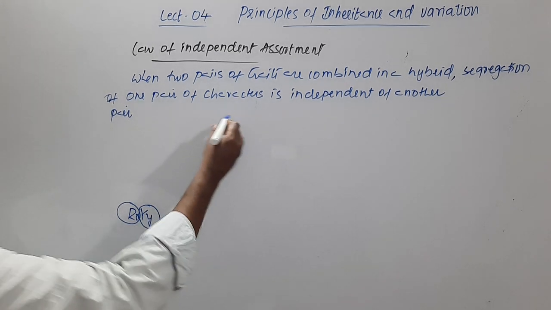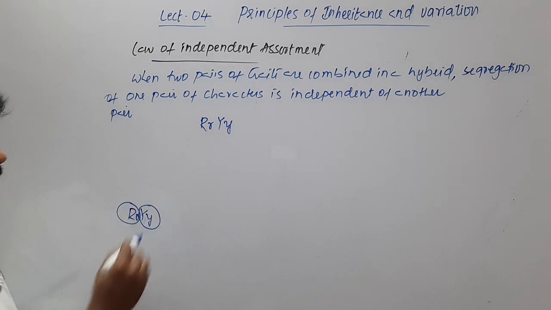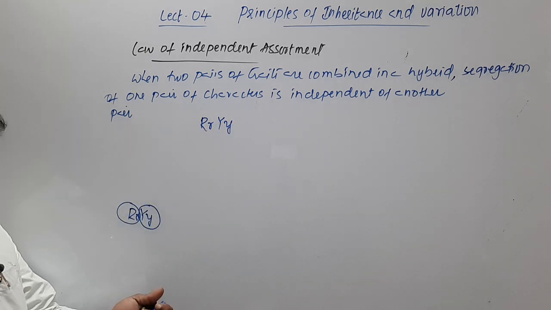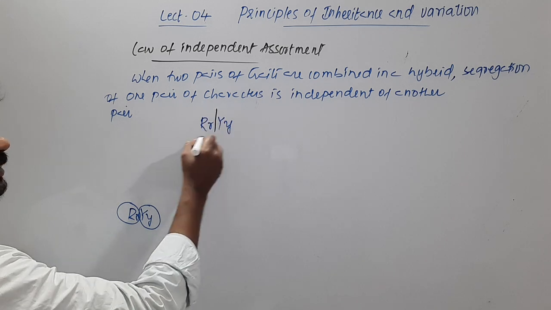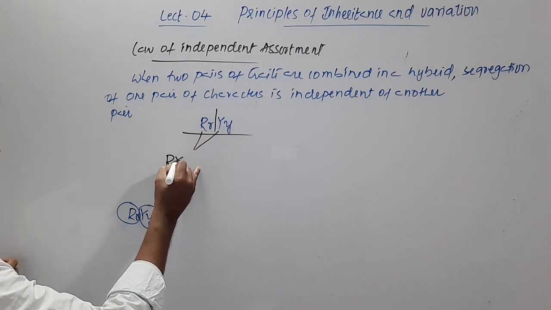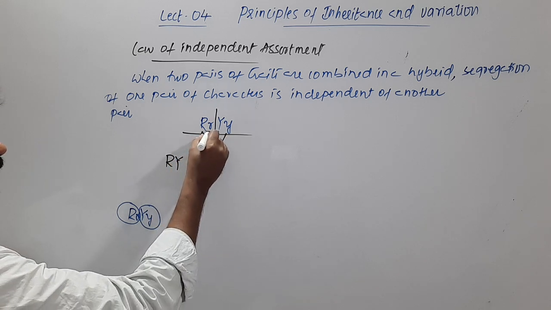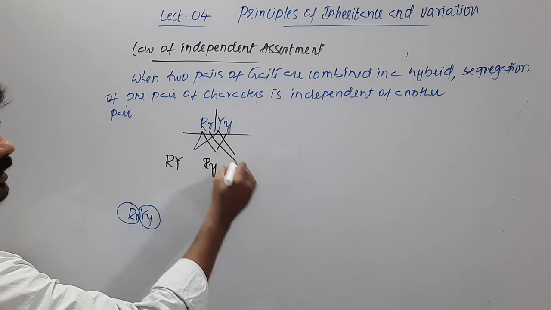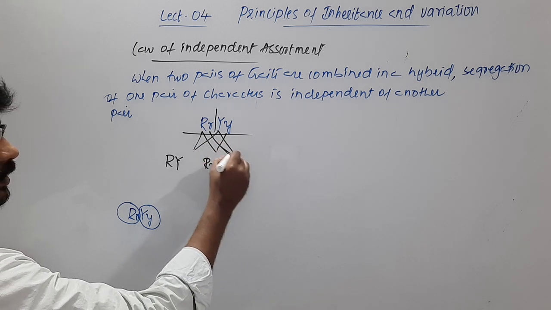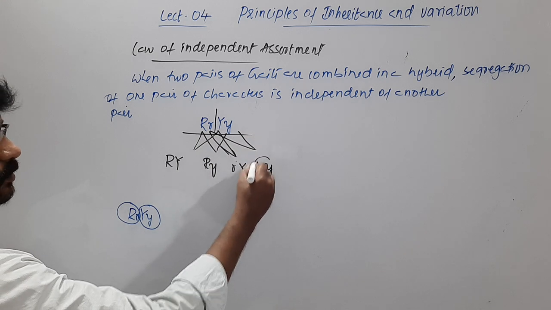I'll take here capital R, capital Y, small y. We know that during the formation of gametes, we get capital R capital Y, capital R small y, then small r capital Y, and small r small y.